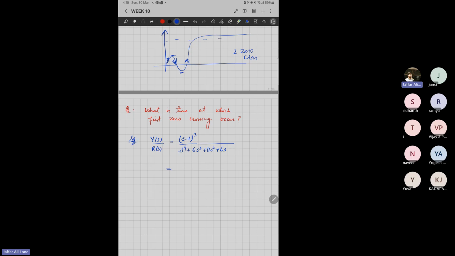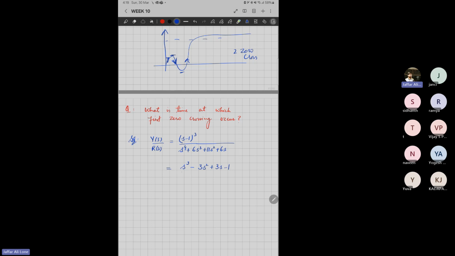If I open this (s minus 1) whole cube, I can write it as s^3 minus 3s^2 plus 3s minus 1. So simply a^3 minus 3a^2 b plus 3ab^2 minus b^3.